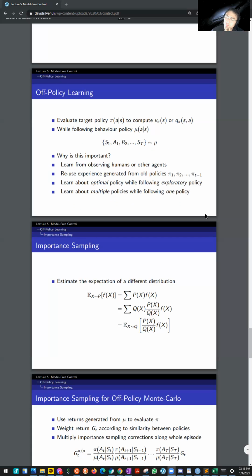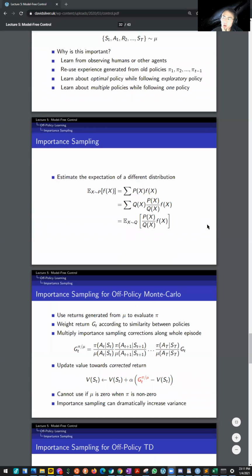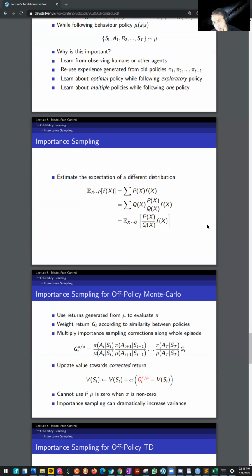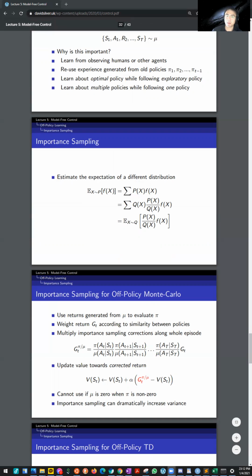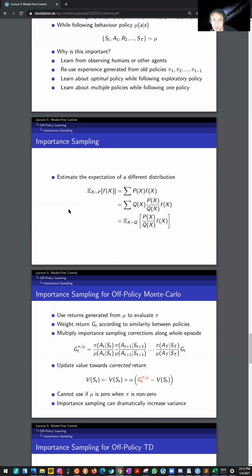When it comes to off-policy learning and dealing with the state value function, we have to go over the concept of importance sampling. In statistics or machine learning problems, in a lot of cases we want to figure out the expected value for some probability distribution.